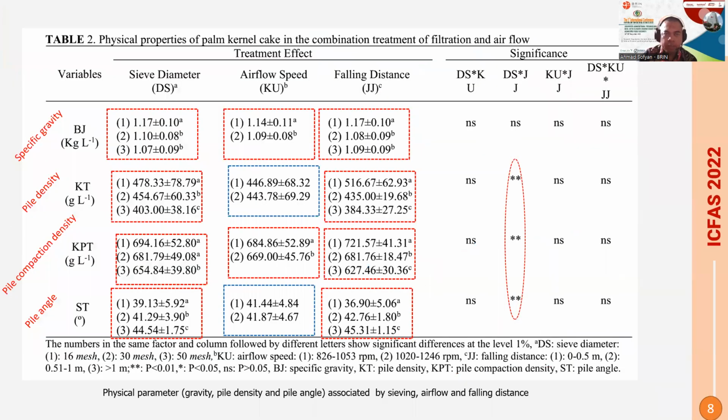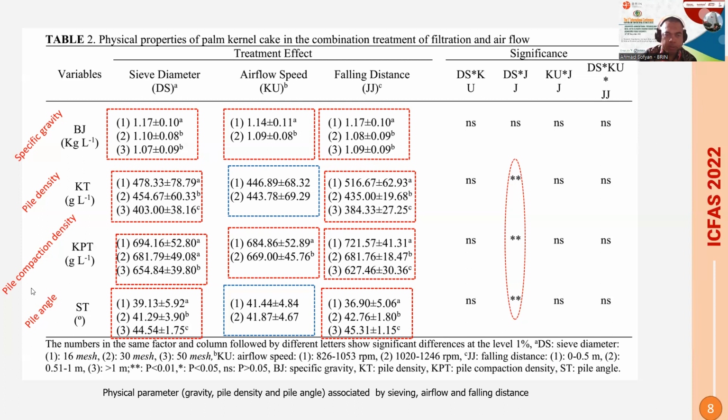In table 2, physical properties of palm kernel cake with the combination of filtration and airflow technique, we can see that specific gravity is significantly influenced by sieve, speed of airflow, and falling distance. It means that specific gravity is closely associated with the treatment.